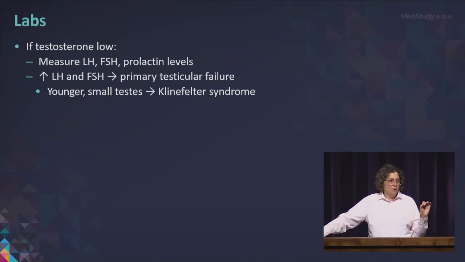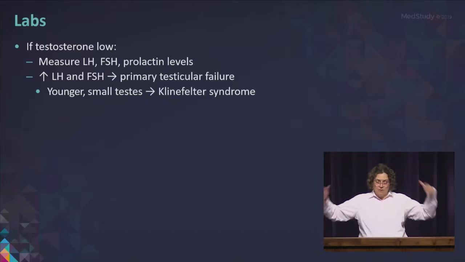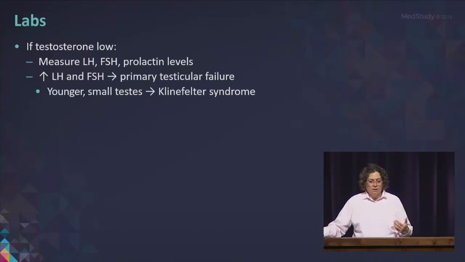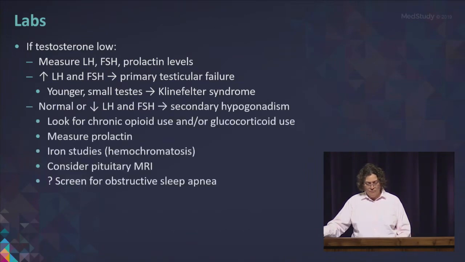And if the person's younger and they have characteristics, wingspan, tall, gynecomastia, we're thinking Klinefelter, so it'd be prudent to evaluate for that. If the LH and FSH are normal or low in the context of a low testosterone, we are thinking secondary or pituitary-based hypogonadism.